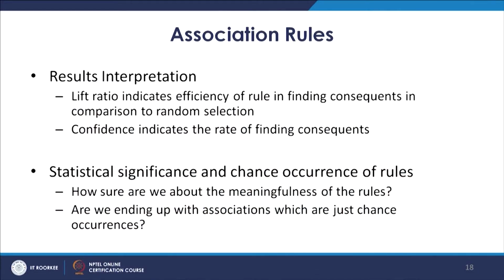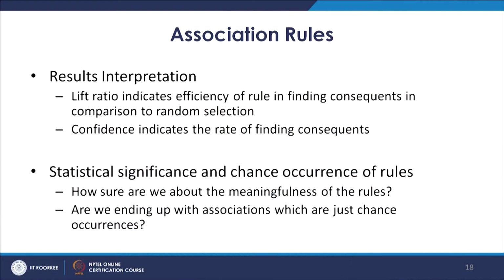Now, there is always a question mark on data mining techniques because of them being data driven models and a lack of statistical inference. Whether all these rules that we are trying to generate through an automated method have some statistical significance, or how do we ensure that they are not just chance occurrences.